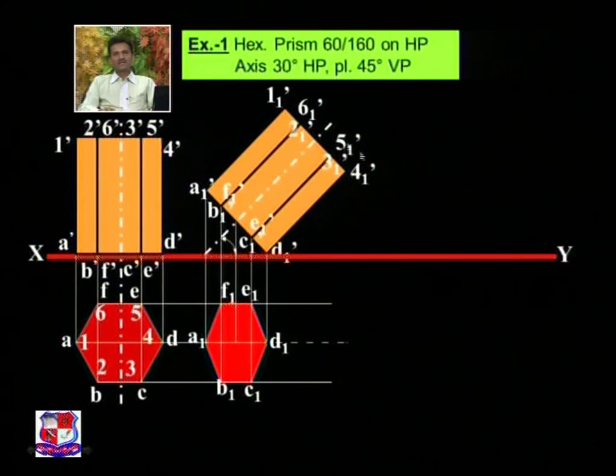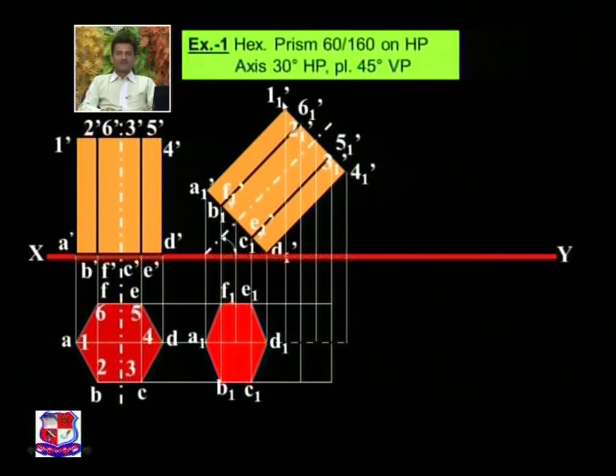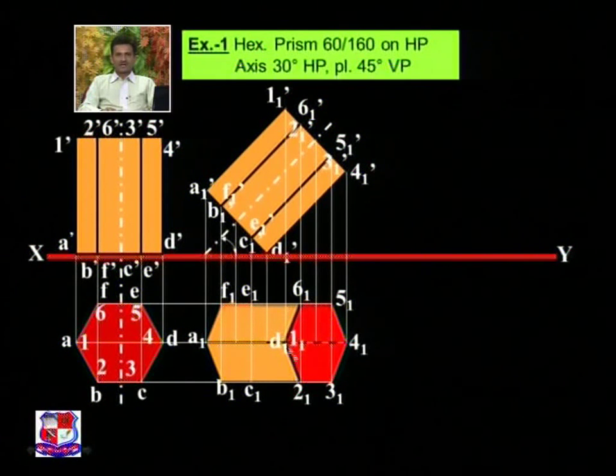Now think about this hexagonal face, say 1, 2, 3, 4, 5, 6. Whether it would be visible or not. So for that, let me take projections from 1 dash, 2 dash, 3 dash, 4 dash, 5 dash and 6 dash like this, and 1, 2, 3, 4, 5, 6 like this, and name the endpoints 1 1, 2 1, 3 1, 4 1, 5 1 and 6 1, and join all these points with a straight line.